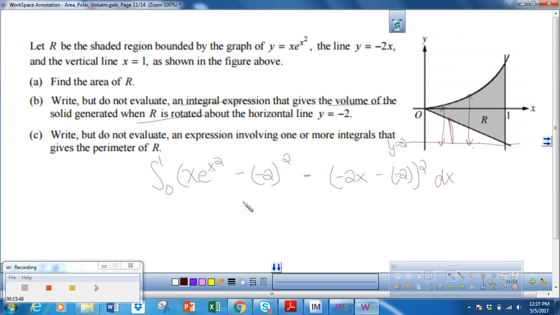And that was worth, oh, what did I forget? I forgot my dessert. Don't forget your dessert. I forgot pi. So the integrand itself was worth 2 points.